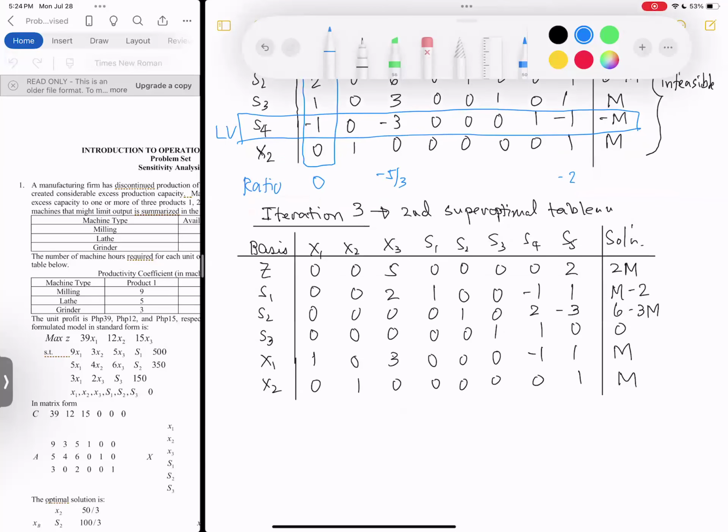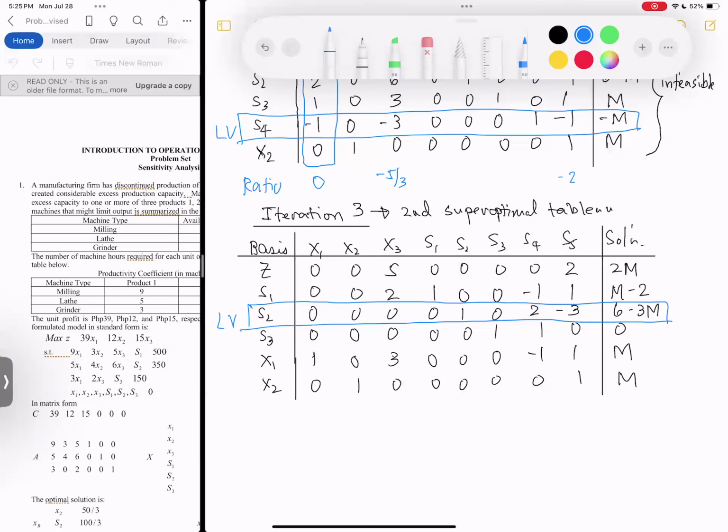And let's see. What will be the entering variable? Sorry, what will be the leaving variable? S2 po. Okay, so this is your leaving variable.